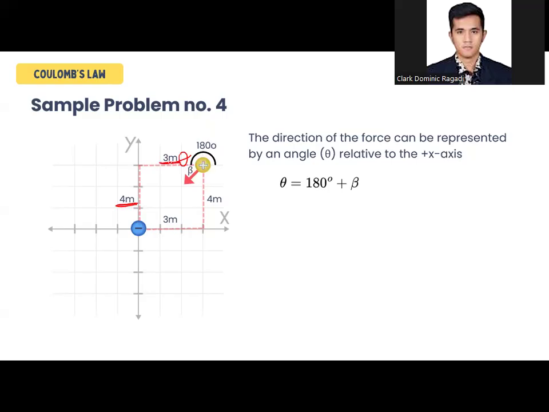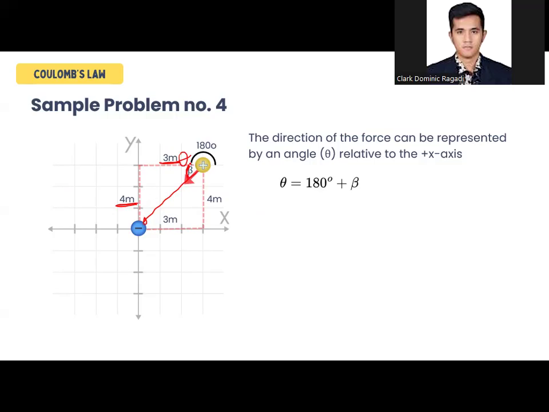If you draw the force all the way to charge 1, you would get a right triangle. And since you have a right triangle, we can use our trigonometric identities, specifically tangent.